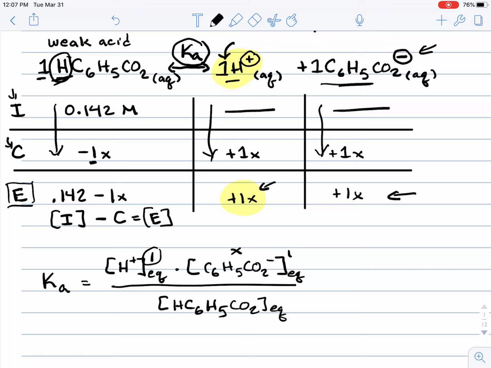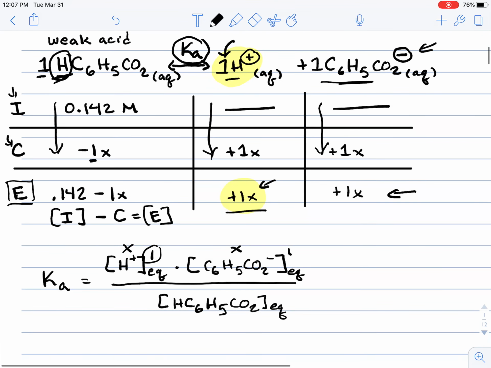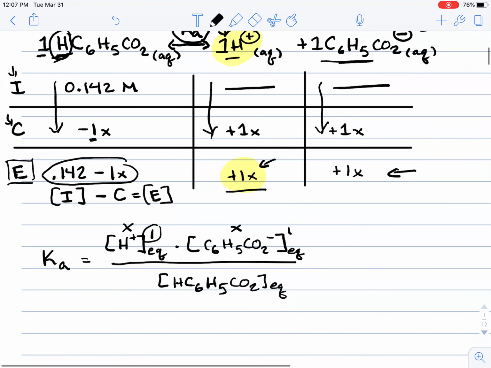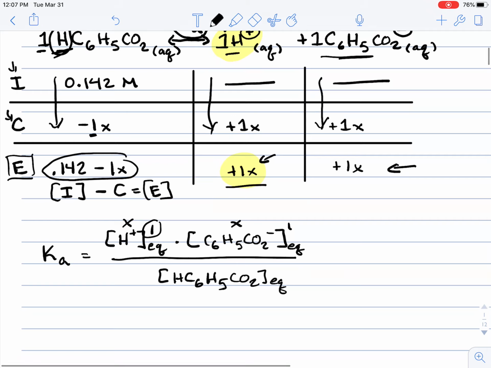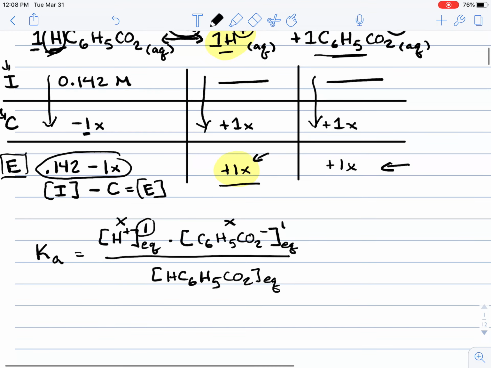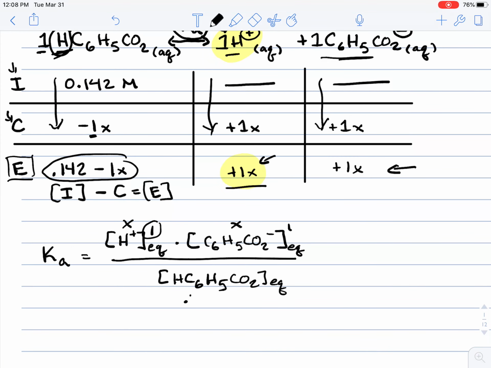And the same thing can be said about this hydrogen ion. Since at equilibrium it's just being represented as plus 1x, we can just put in x. And then last but not least, for the benzoic acid, the equilibrium expression is going to be 0.142 minus x. So we're going to plug that down here.